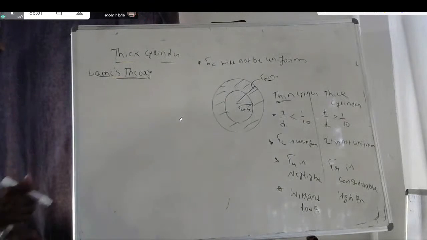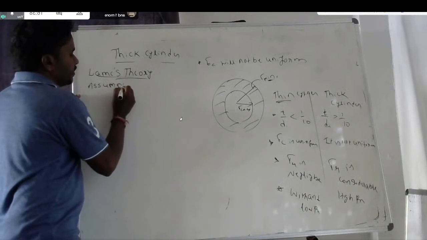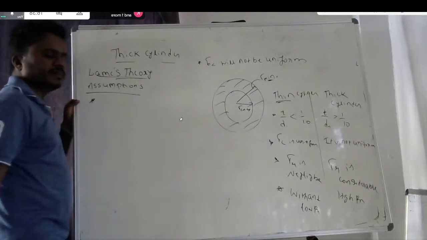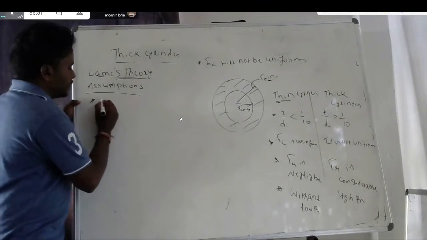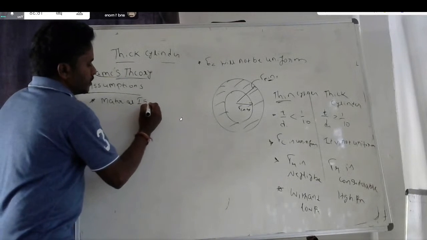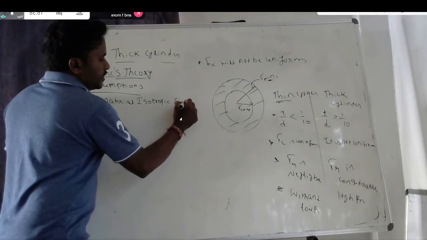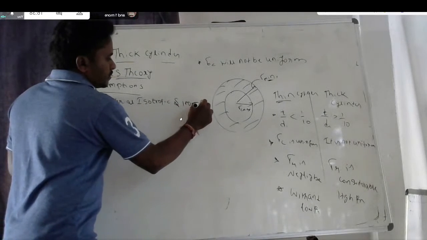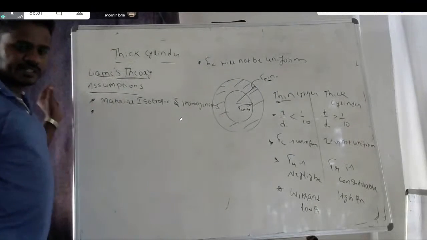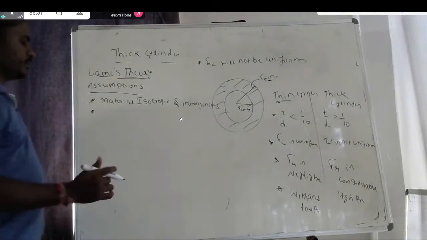So the first assumption he made: the material is isotropic and homogeneous. The second assumption is that longitudinal strain is uniform.